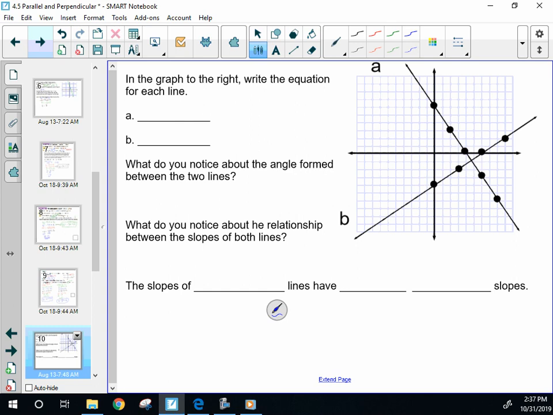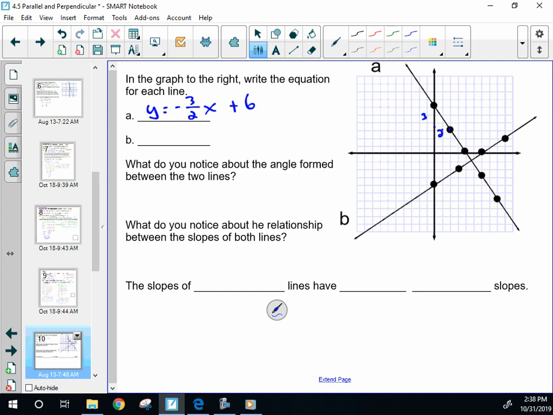And the slope, from there it goes down 1, 2, 3, and to the right 2. So there's a slope of 3 over 2. And since it's going down, it will have a slope of negative 3 over 2. So it's y equals negative 3/2 x plus 6, which is the y-intercept.